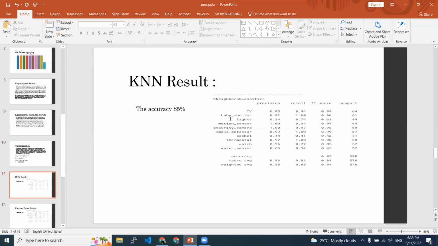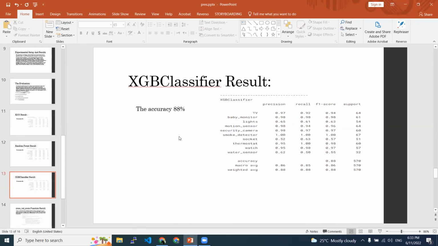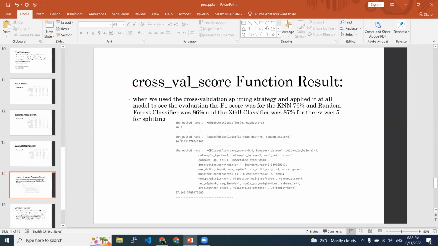The result for the KNN is shown for each sensor, the precision, recall, F score and the support, and the accuracy was 85%, and for the random forest was the highest one, 89%, and for the XG boosting classifier was 88%.